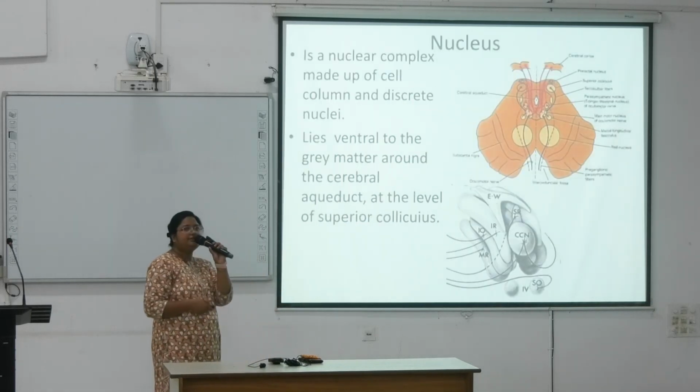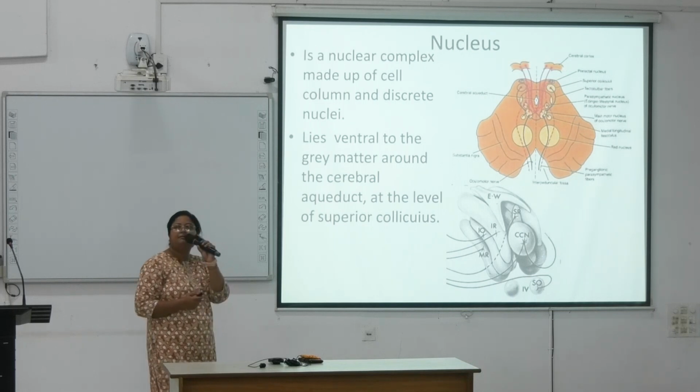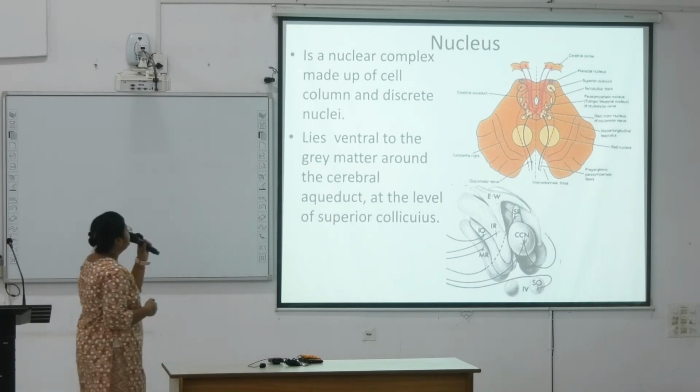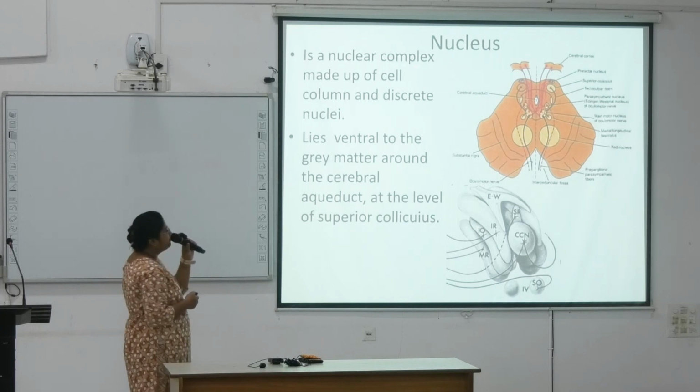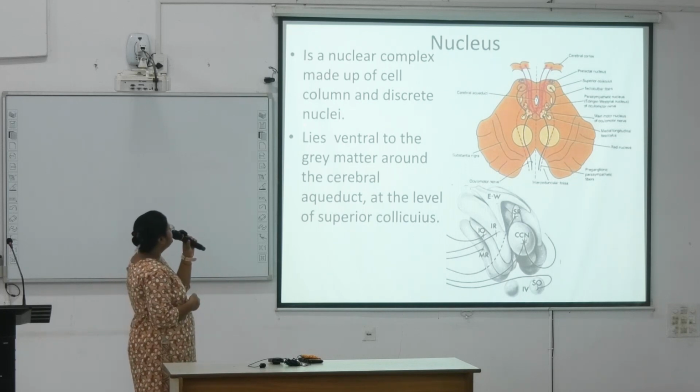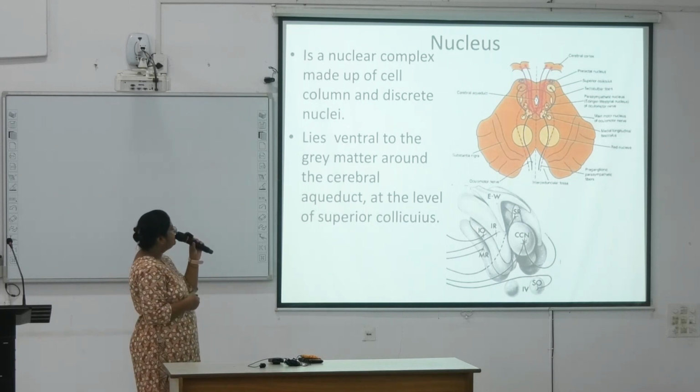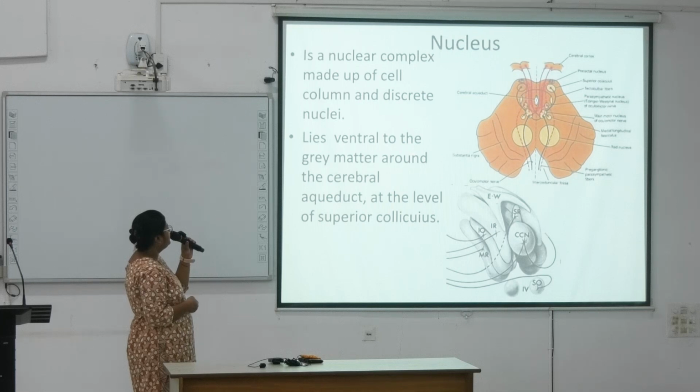we go to the nucleus of the third cranial nerve. Nucleus is a nuclear complex made up of cell columns and discrete nuclei. Okay, this is the nuclear complex. It lies ventral to the gray matter around the central aqueduct. Here it is lying.